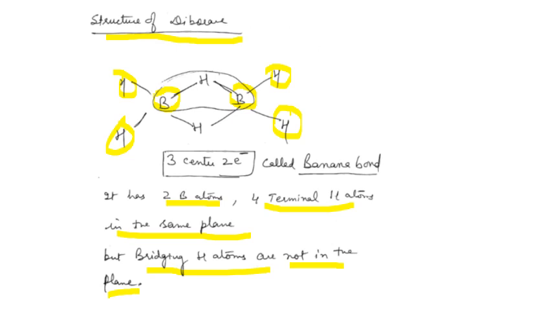Understood? So here we can see the bridging hydrogen atoms, one, and another hydrogen atom is here, which is forming the bond with this boron, and they are connecting to form this bridge.